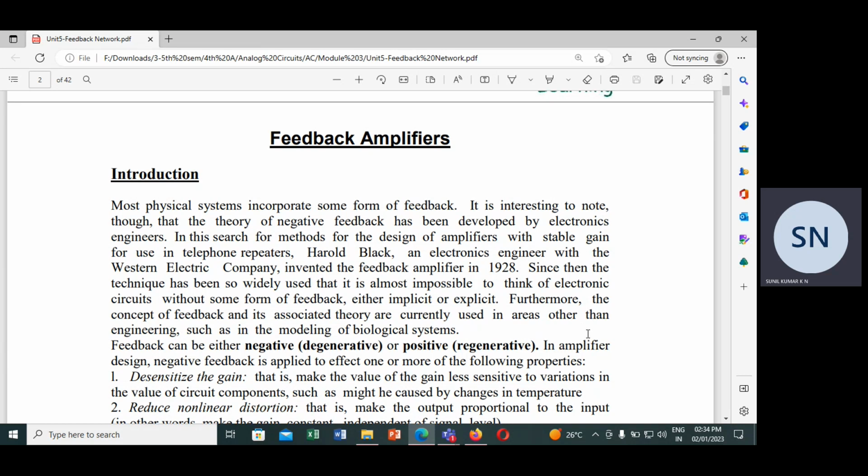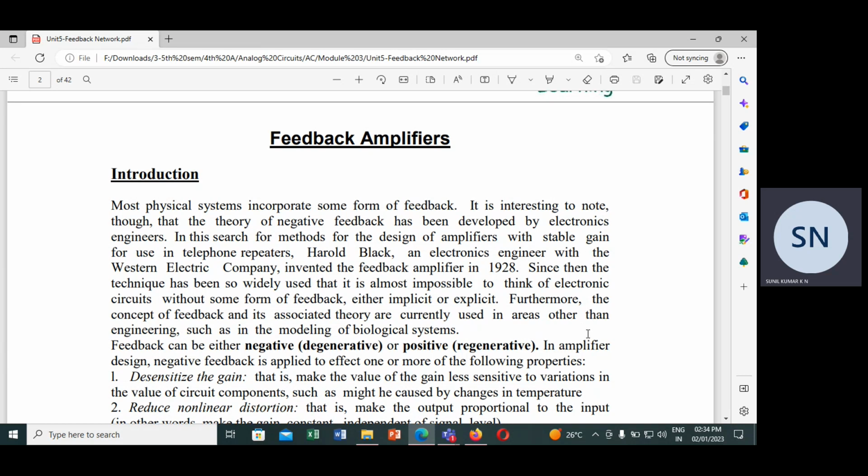That means the input signal as well as the feedback signal coming from the feedback network are in the same phase. We have seen a 180-degree phase shift, and an additional 180-degree phase shift was obtained because of the 3 RC sections, so there was no phase shift around the loop. That means the input signal as well as the feedback signal are in phase. If that is the case, that type of feedback circuit is called positive feedback.